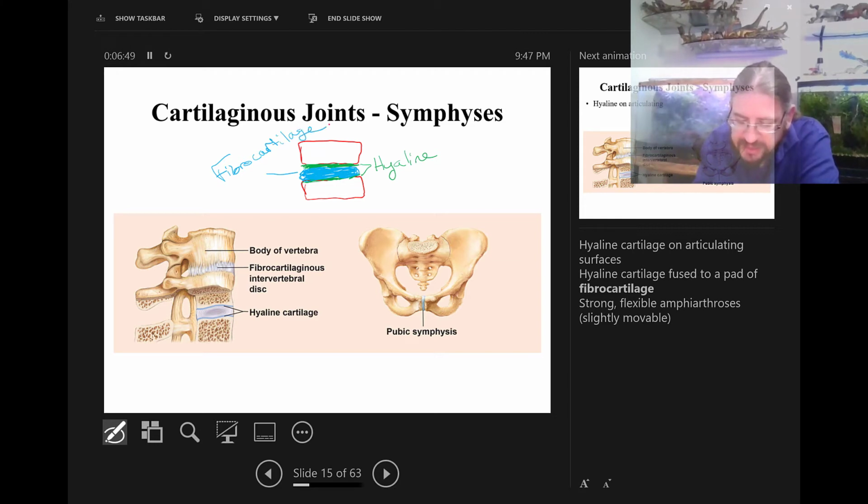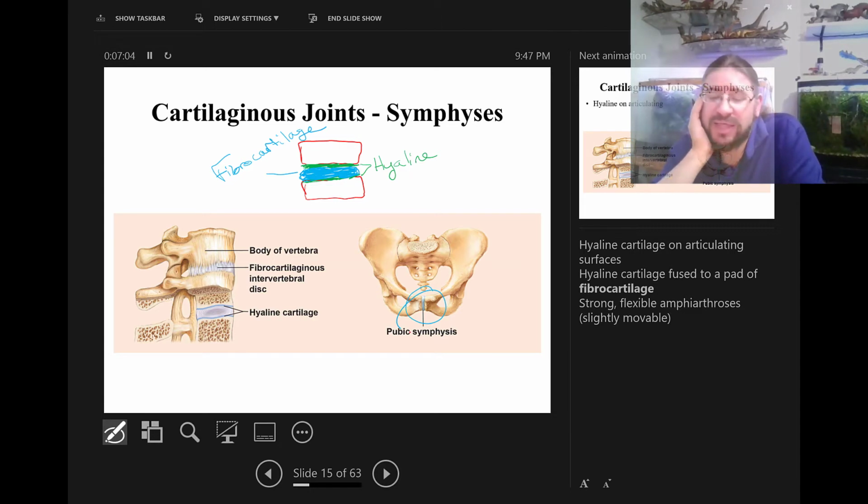So same dealio applies right here with the pubic symphysis. You've got a fibrocartilage pad there between both sides of the pubis. And so that means that at the actual bone-bone articulation, the bone fuses with hyaline cartilage, which fuses with the fibrocartilage of the symphysis, which fuses with hyaline cartilage, which fuses with the bone on the other side.